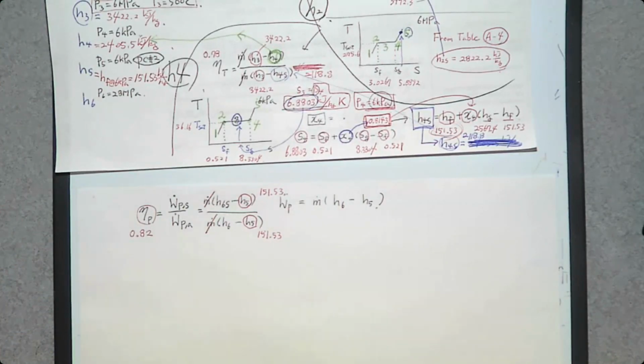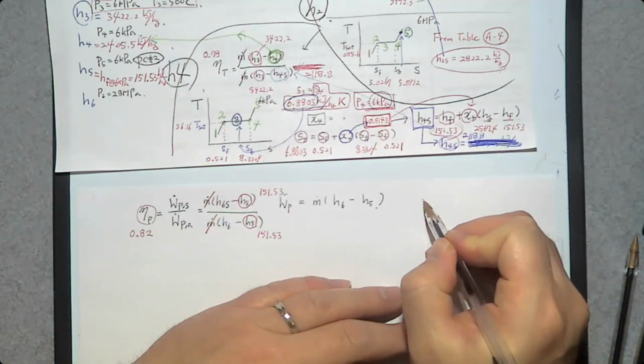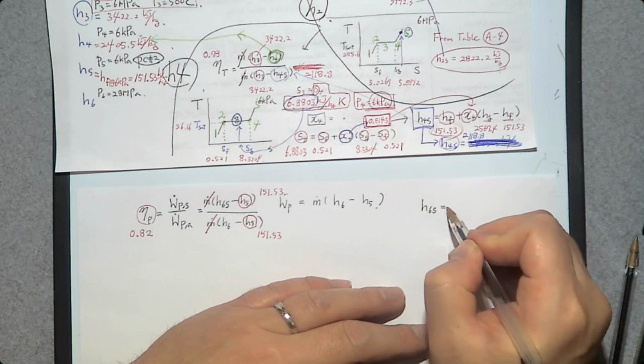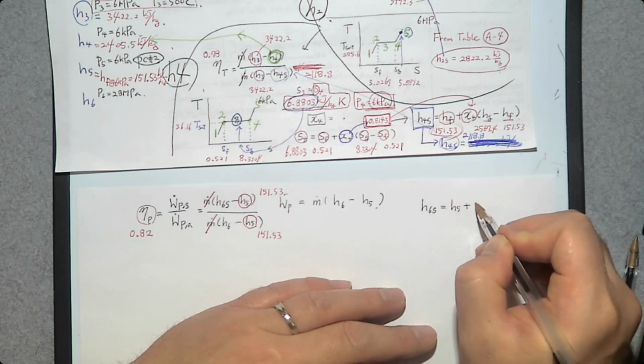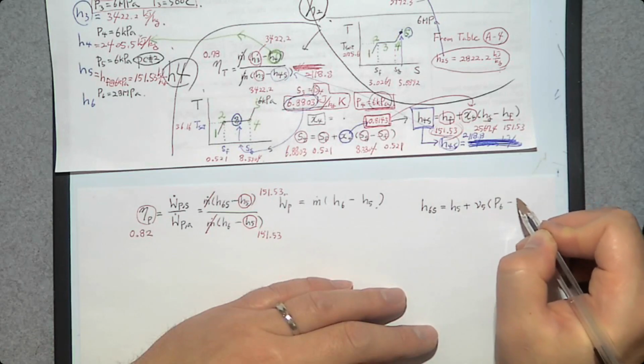If you remember from the previous standard Rankine cycle, we learned that the exit of this isentropic pump can be determined by H5 plus specific volume V at the inlet times pressure difference, P6 minus P5.